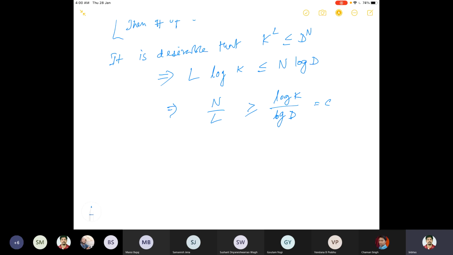This implies each code word needs log k by log D. Yes, D should be greater than or equal to 2, because of cardinality.